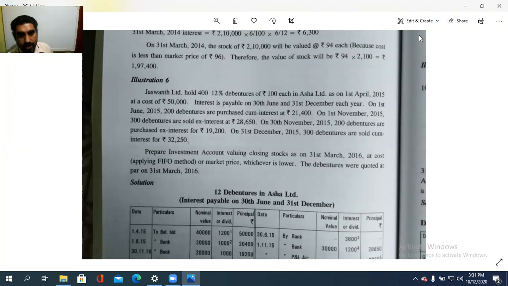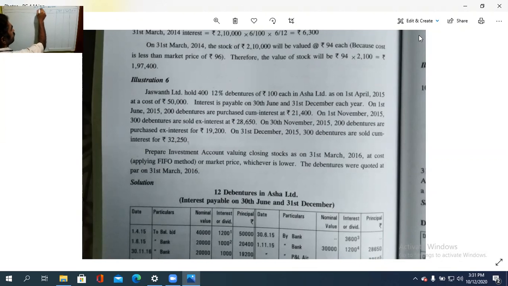So that is the account: 12% debentures in Asha Limited. Principal value, interest, nominal value, date and particulars.